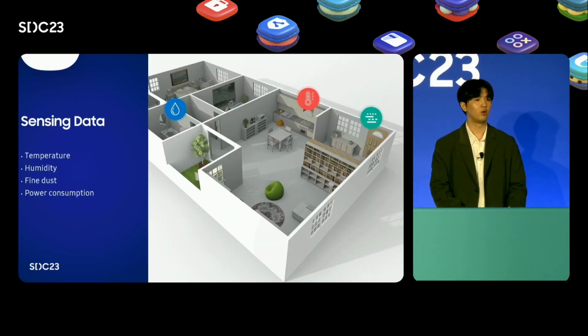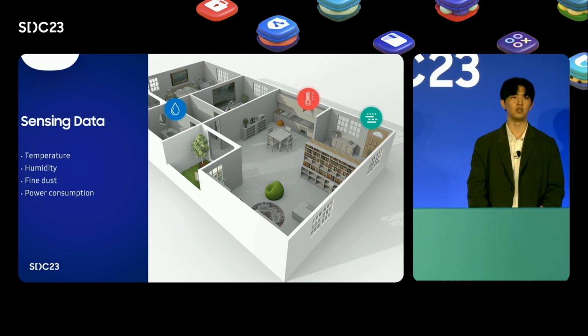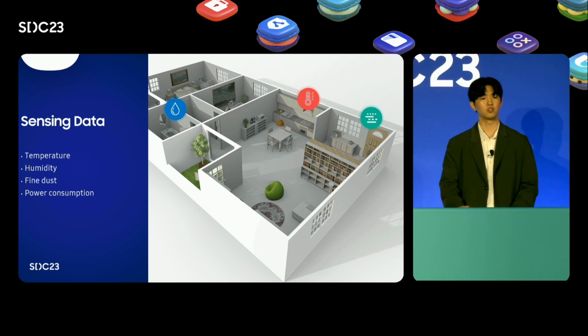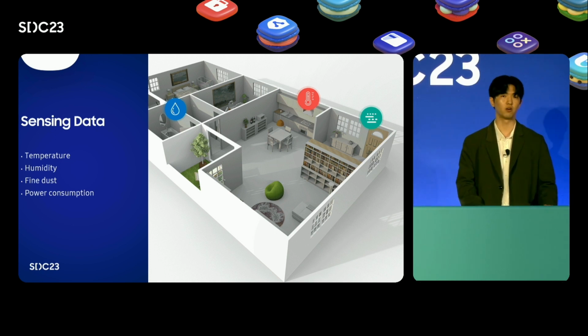Third, we utilize sensing data. Environmental information can be collected by home appliances such as air conditioners and air purifiers, and includes the temperature, humidity, fine dust, and power consumption. Let's dive deeper into fine dust and power consumption.